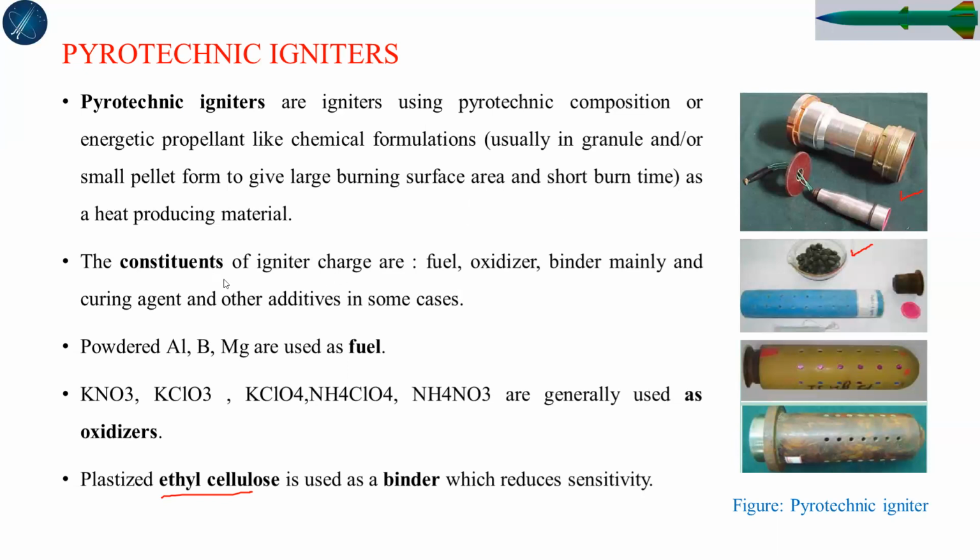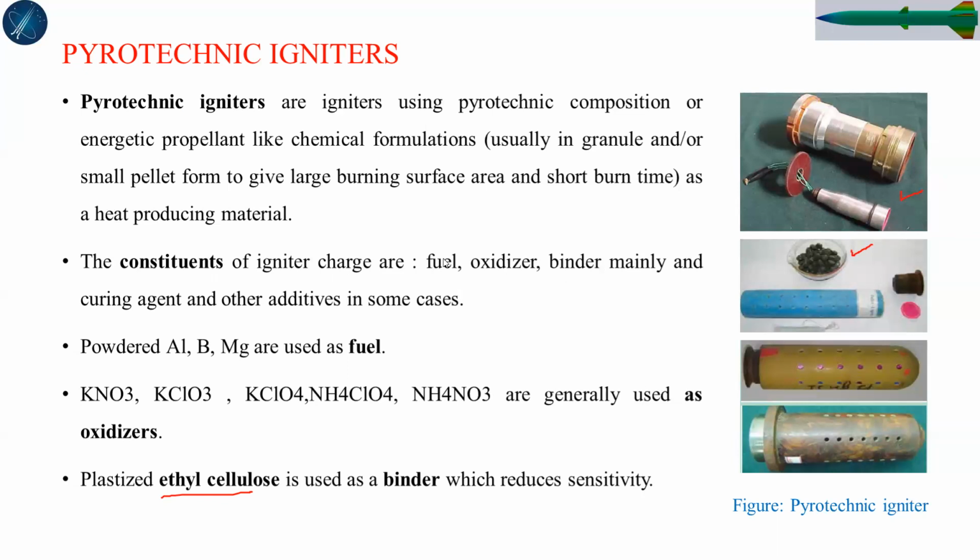The constituents of igniter charges, especially pyrotechnic igniter charges, are fuel, oxidizer, and binding agents. These three are in a proportional manner. In the case of black powder, the fuel is charcoal.